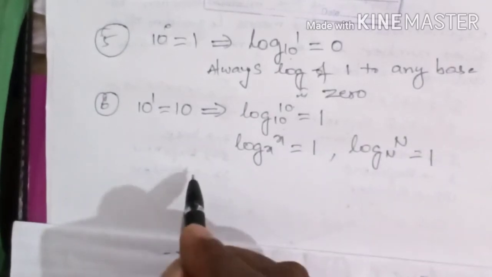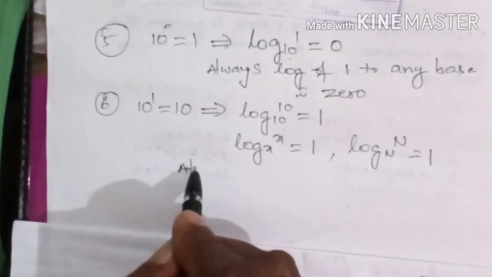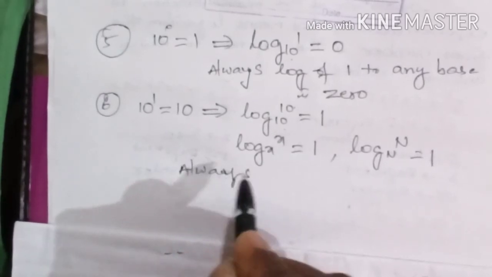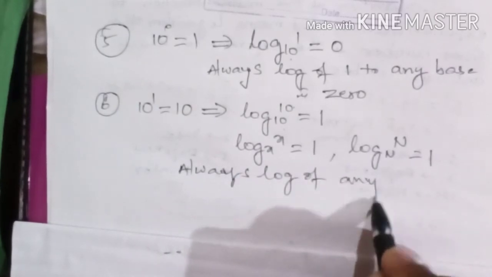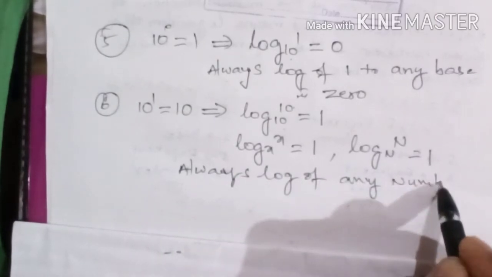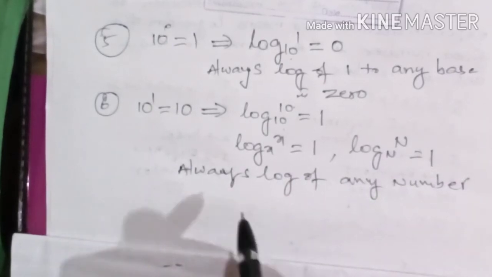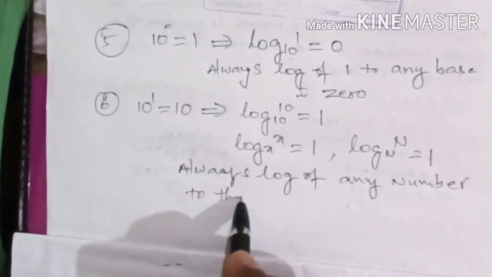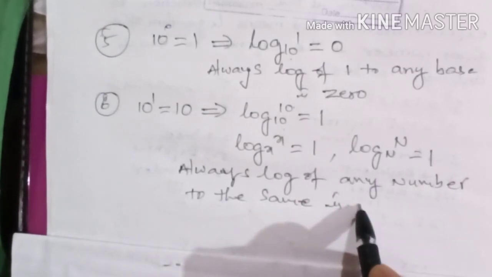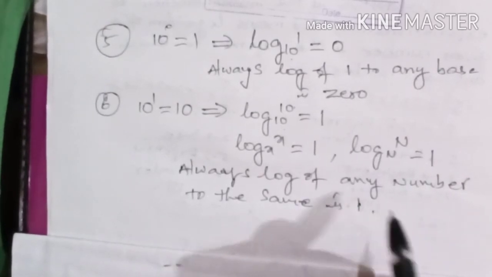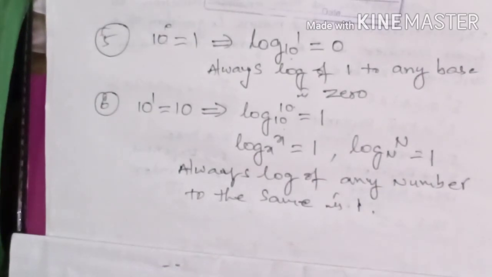So from this we can say that always log of any number to the same base is 1. So these are the important properties. By using these properties we can compute the next exercise.